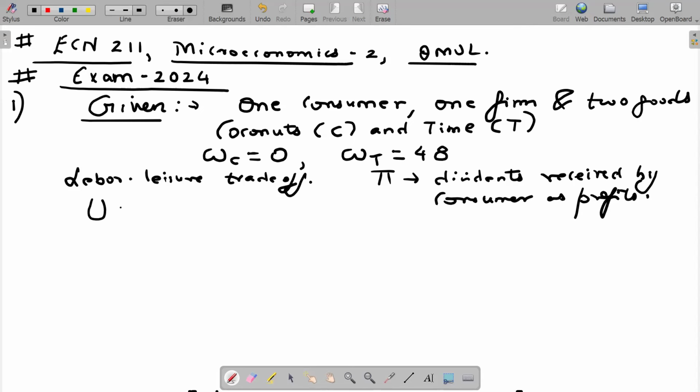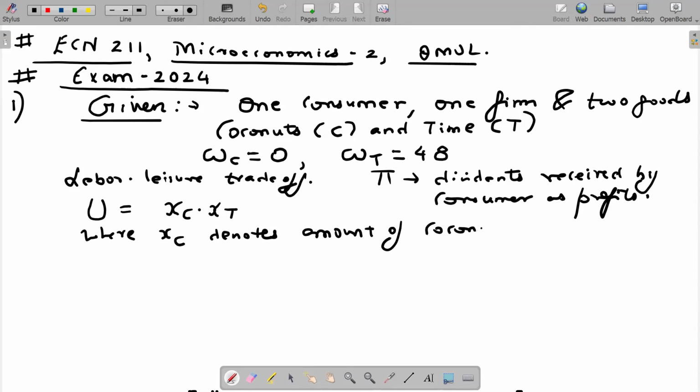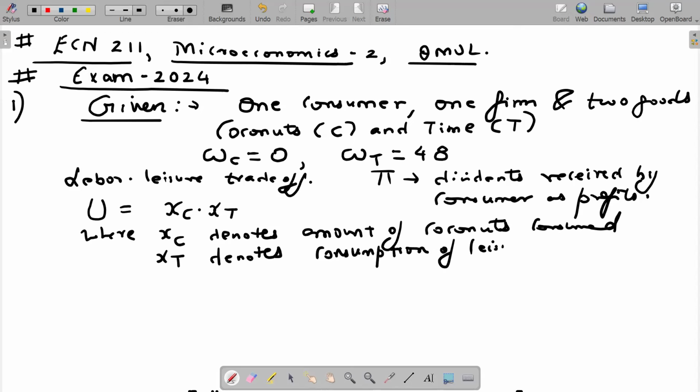And we are given that the utility function is xc times xt, where xc denotes the amount of coconuts consumed, and xt denotes consumption of leisure.